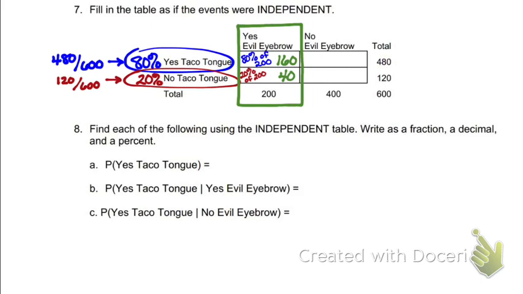So of the seniors that say they cannot evil eyebrow, of those 400 seniors, if these events were independent, how many of those students would we expect to say yes, they can taco tongue? Same proportions as before, 80% can, 20% can't.